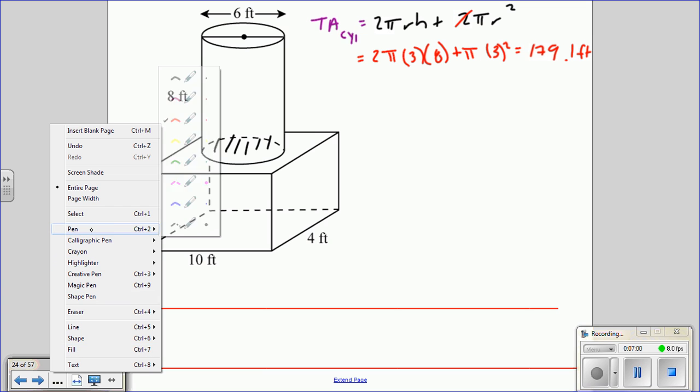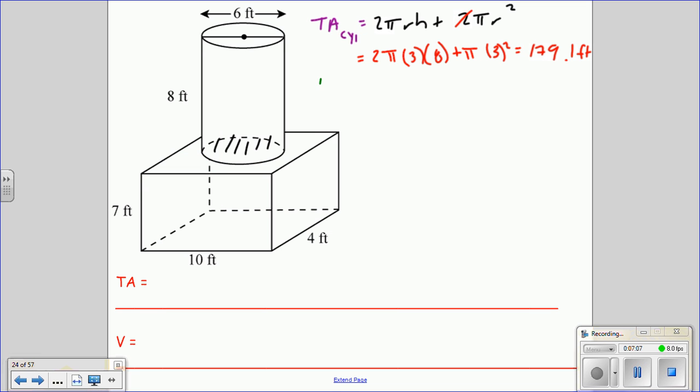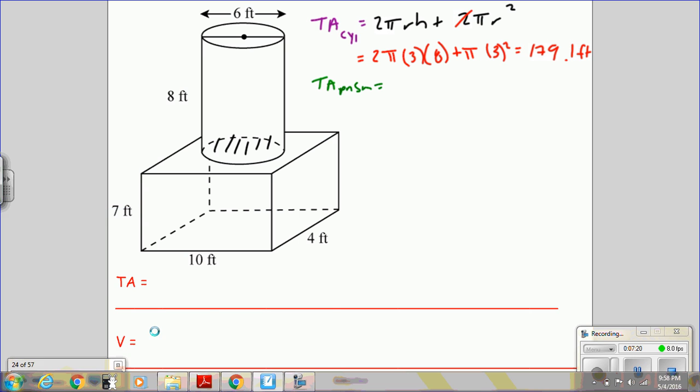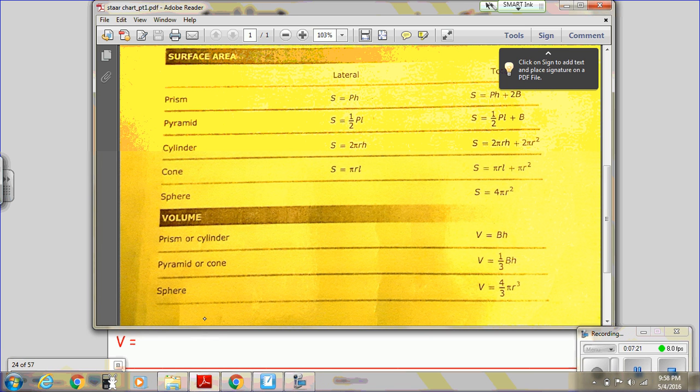So now we've got to find the area of the prism that's beneath the cylinder. The formula for the prism is, again, PH plus 2B.